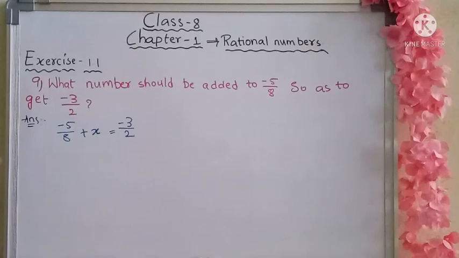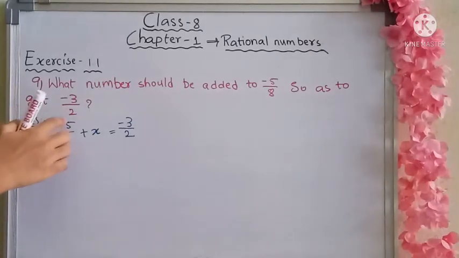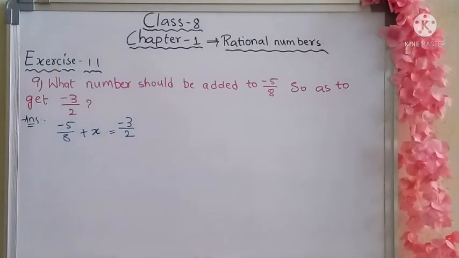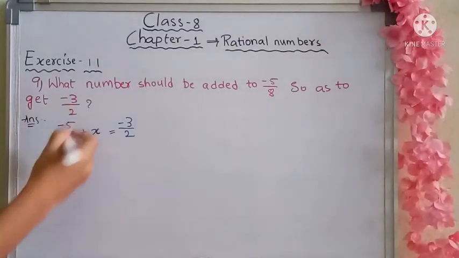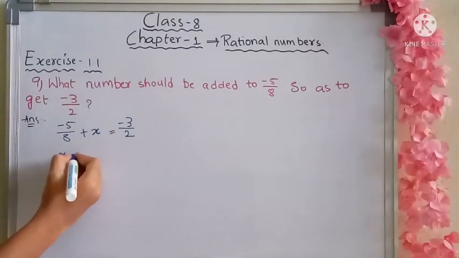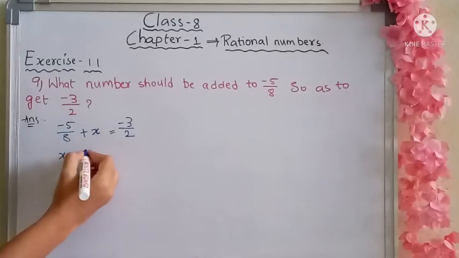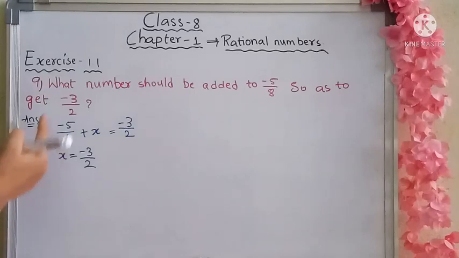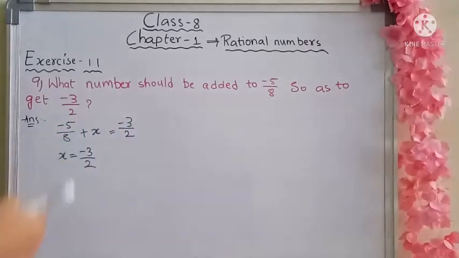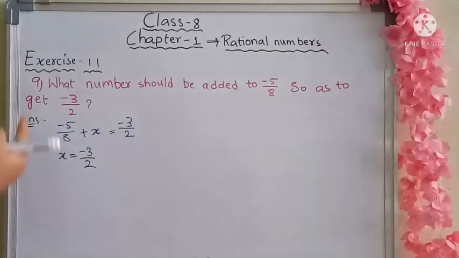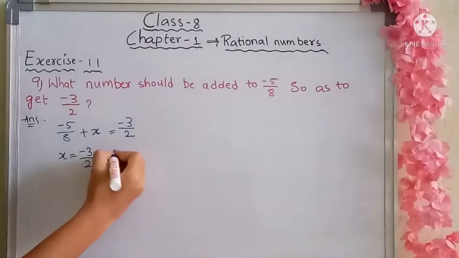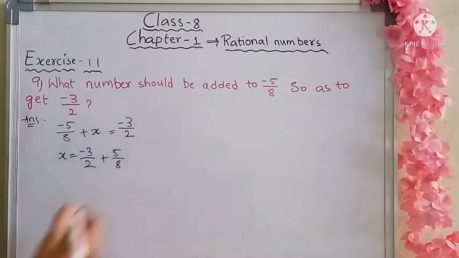Okay, now we have to bring this minus 5 upon 8 to this RHS, which is right hand side. So x is equals to minus 3 upon 2. Here it's minus 5 upon 8. After going to the other side of the equals sign, which becomes plus 5 upon 8.